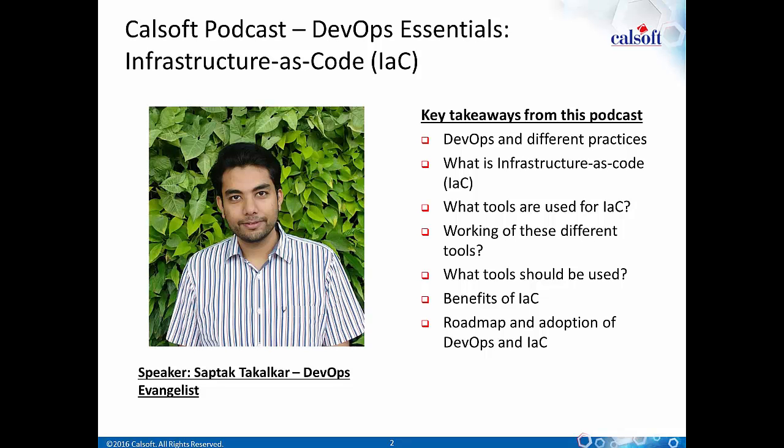Okay. So that sounds very interesting, Saptak. Can you elaborate on the roadmap of DevOps in the sense of adoption and usage? Definitely, Mark. According to Gartner, which is one of the leading IT research and advisory companies which delivers technology-related insight, tools and technology that support DevOps is expected to grow 21% worldwide.